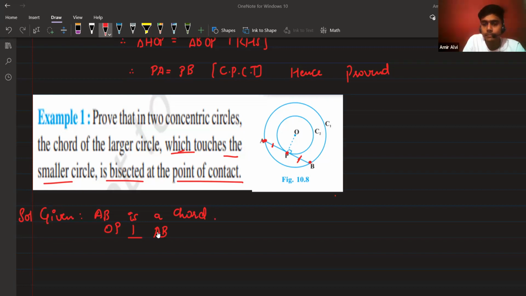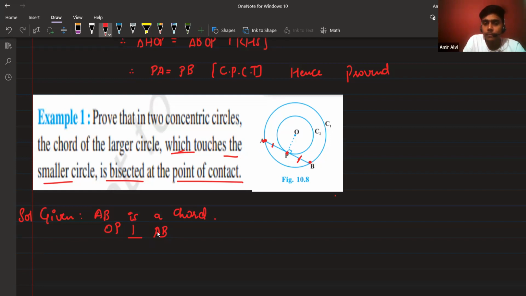Can anybody tell me? Because it is the tangent of the circle. That's not completely correct, not exactly accurate.